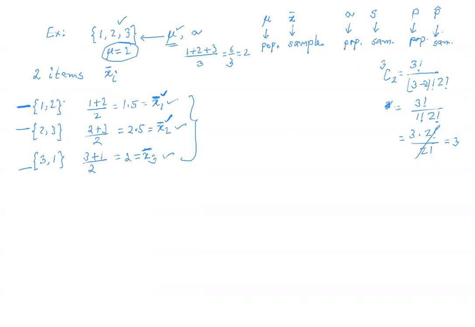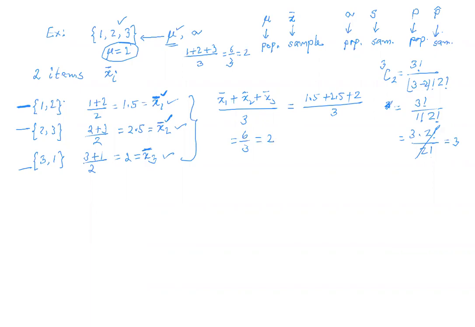So if you do that, it boils down to (x1 bar + x2 bar + x3 bar) divided by 3. If you do the math, you're going to get (1.5 + 2.5 + 2) divided by 3, which, by the way, is 6 divided by 3, that is 2.